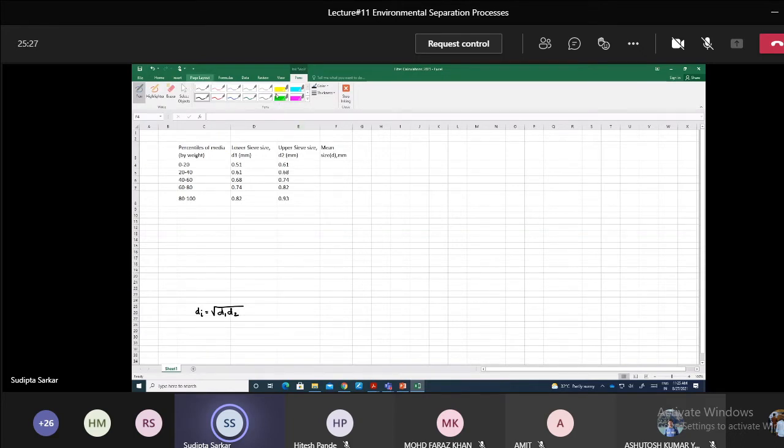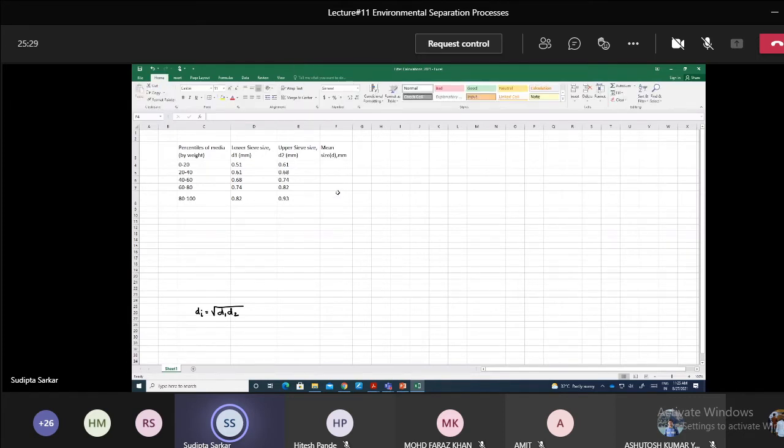Right. So now let me enter this formula here. Equals square root of D1 into D2. Okay.